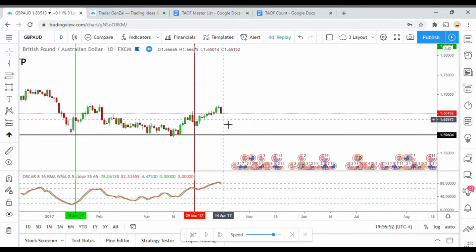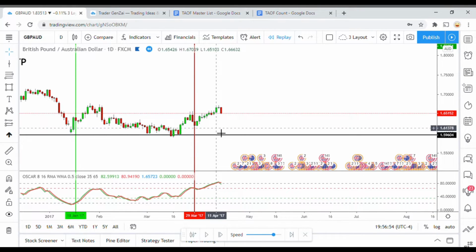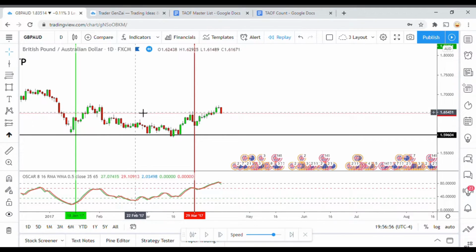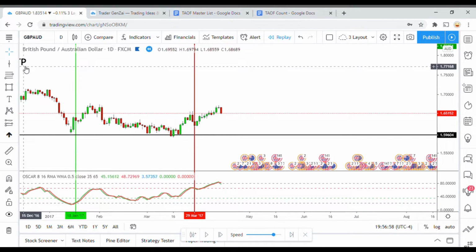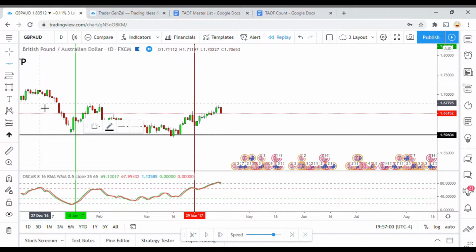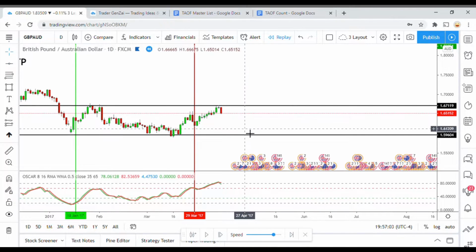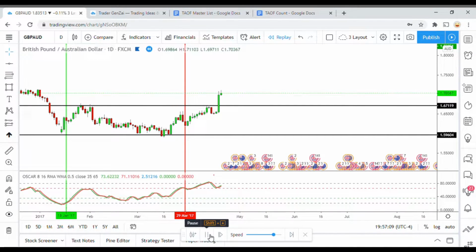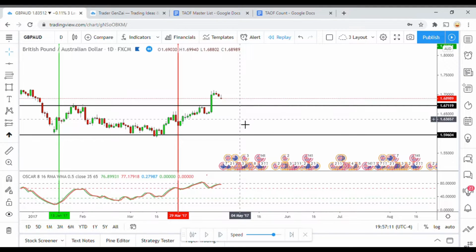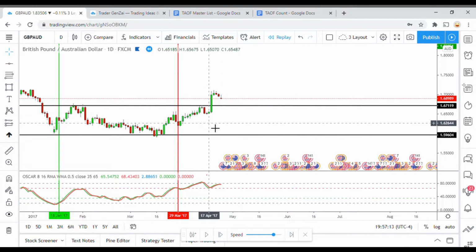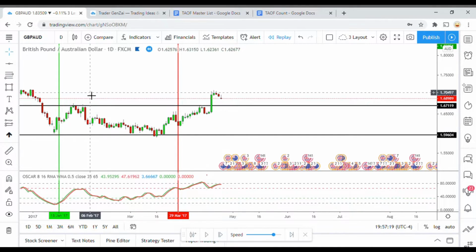All right, now it's bounced up here into the overbought area, and it is also running into this area right here, and so we'll probably see a significant bounce off of that area. Ooh, shot right up and out of there. Picked up another short right here though.